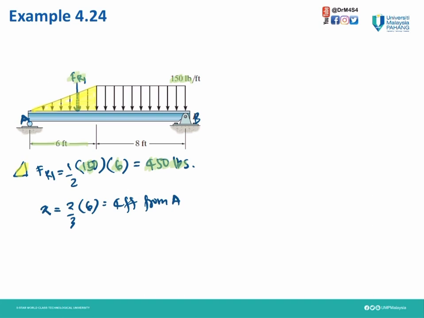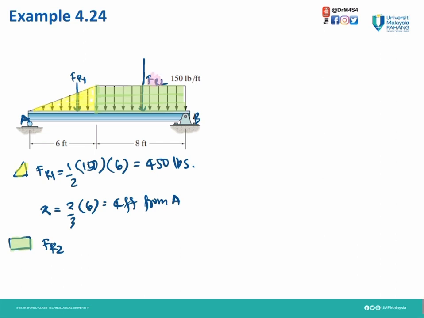Then the location is 2/3 times 6, that means 4 feet from point A. That is for our FR1.